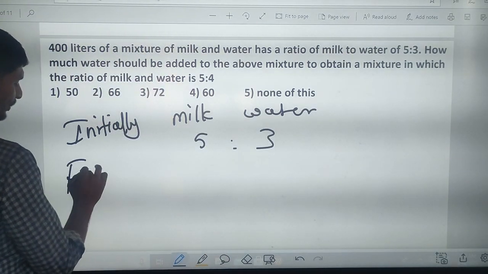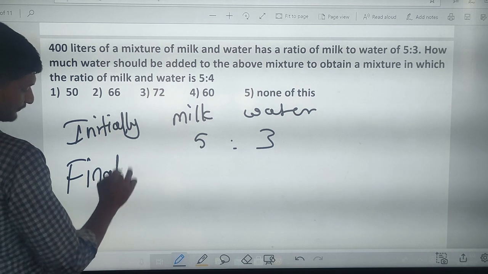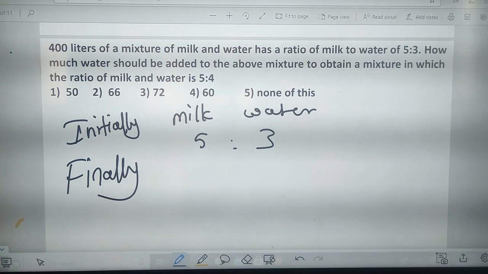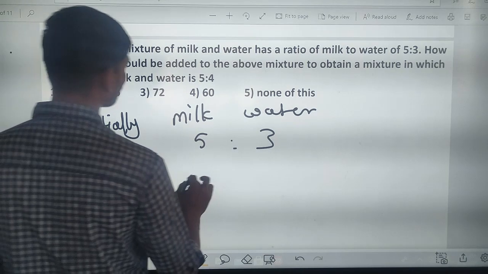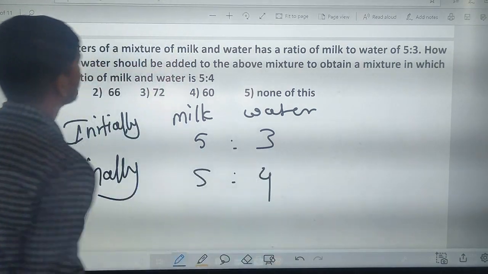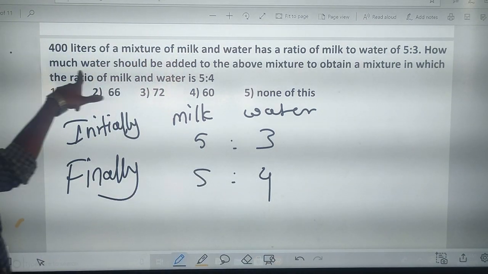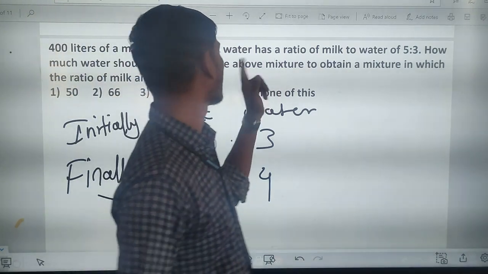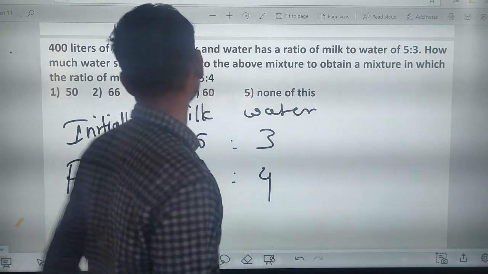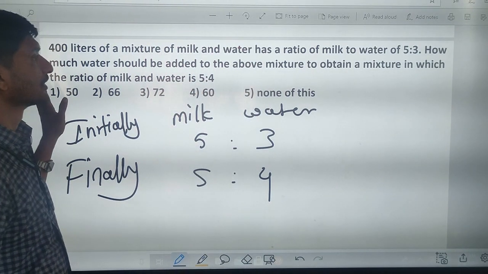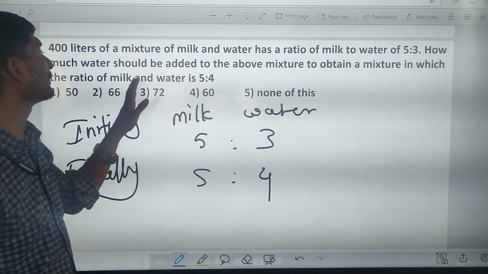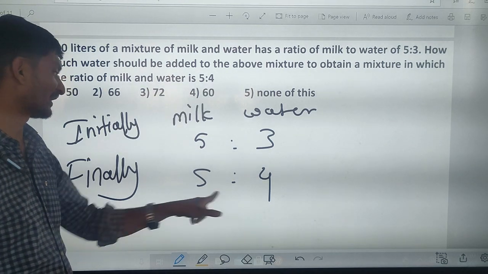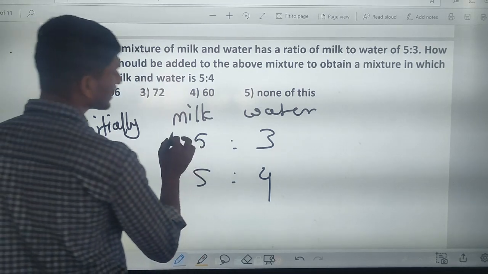Then finally the ratio of milk and water is 5:4. Now here how much water should be added to the above mixture to obtain a mixture in which the ratio of milk and water is 5:4? Finally 5:4.